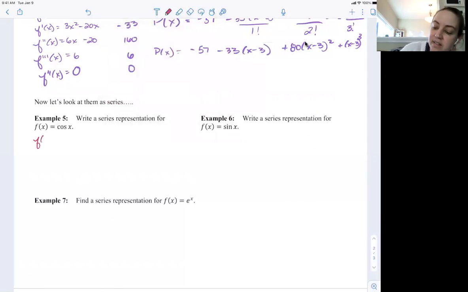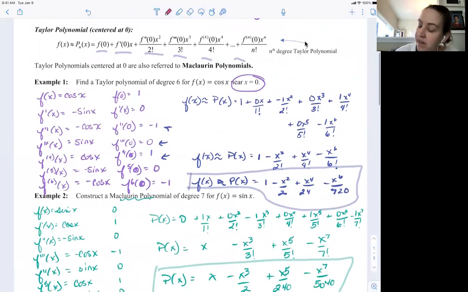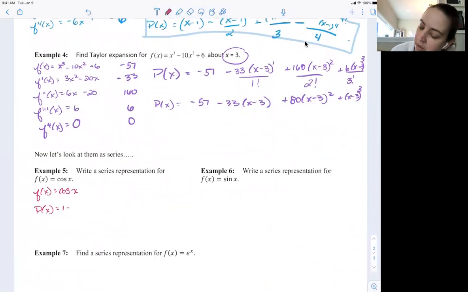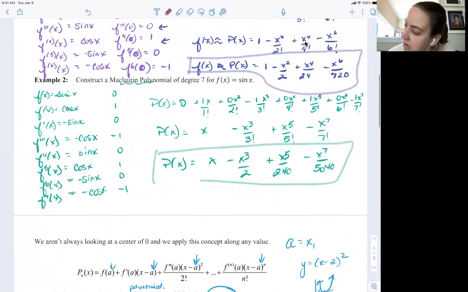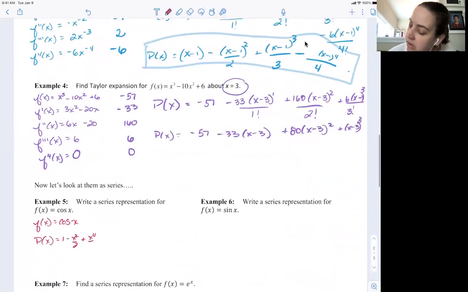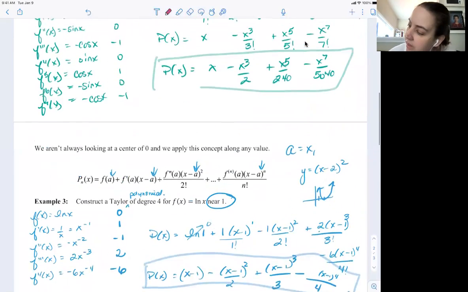So if f of x equals the cosine of x, and we had said that our polynomial, I'm cheating, I'm coming back up here. I don't have these memorized. Is 1 minus x squared over 2 factorial, plus x to the 4th over 4 factorial, minus x to the 6th over 6 factorial.